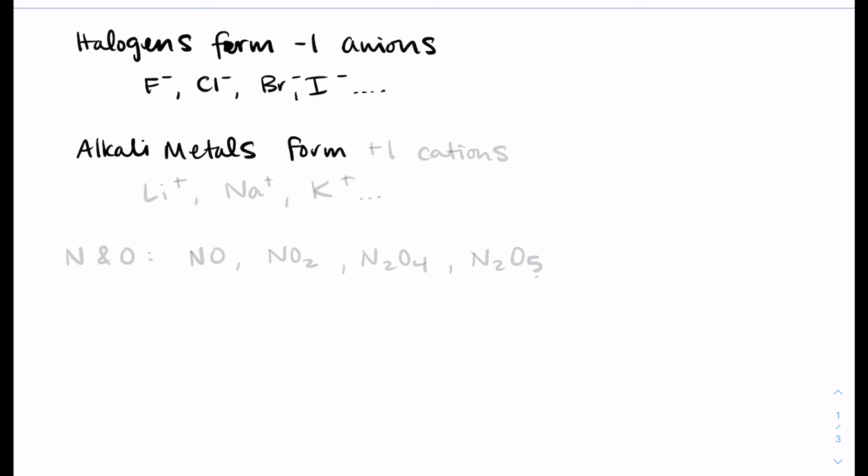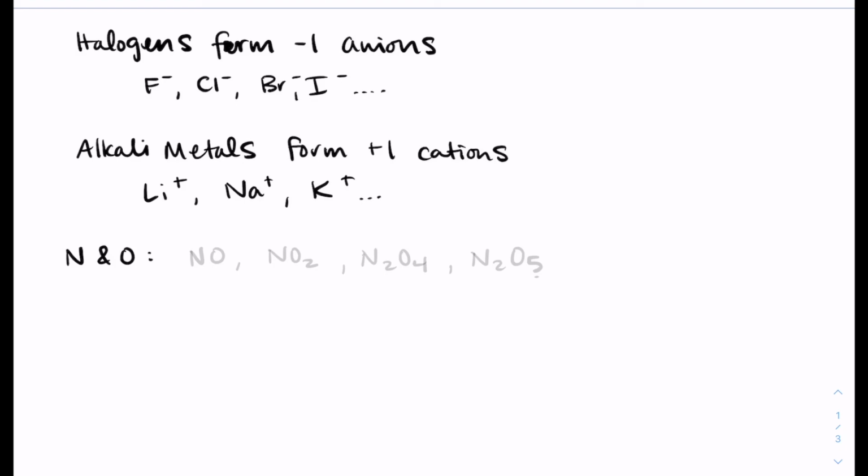You'll also see some trends in compound formation. So things like nitrogen and oxygen really like to bond to each other. Now they're in separate groups, right? They're right next to each other in the periodic table. So we wouldn't say that they have similar properties, but the two bonding together happens pretty readily, and we see different combinations.